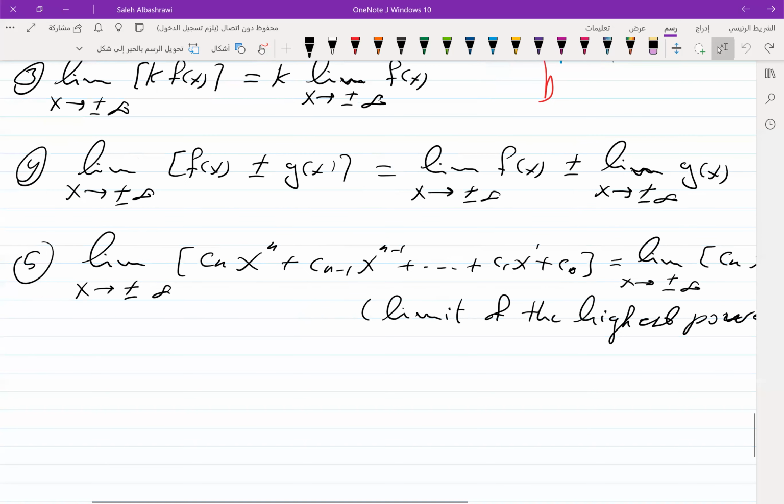Now let's apply this for some examples. Compute the limit.